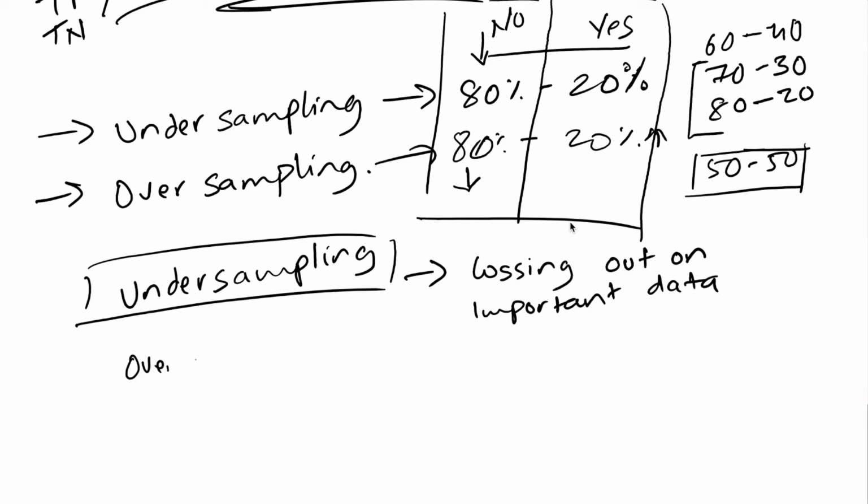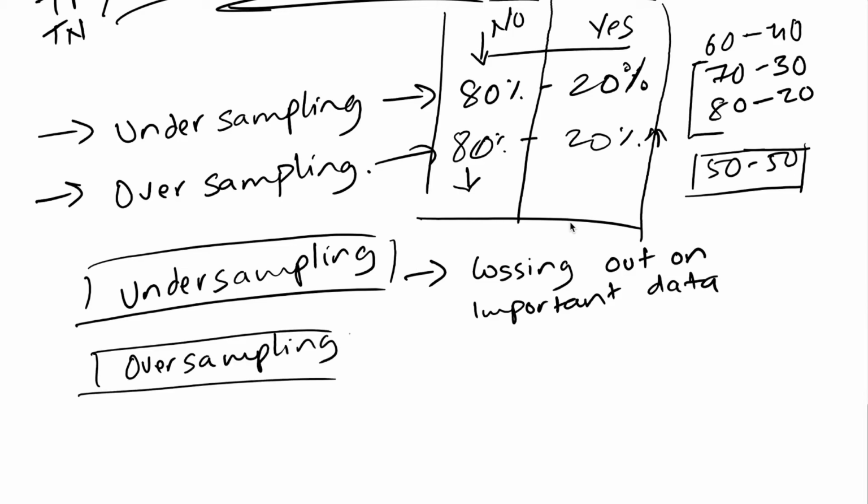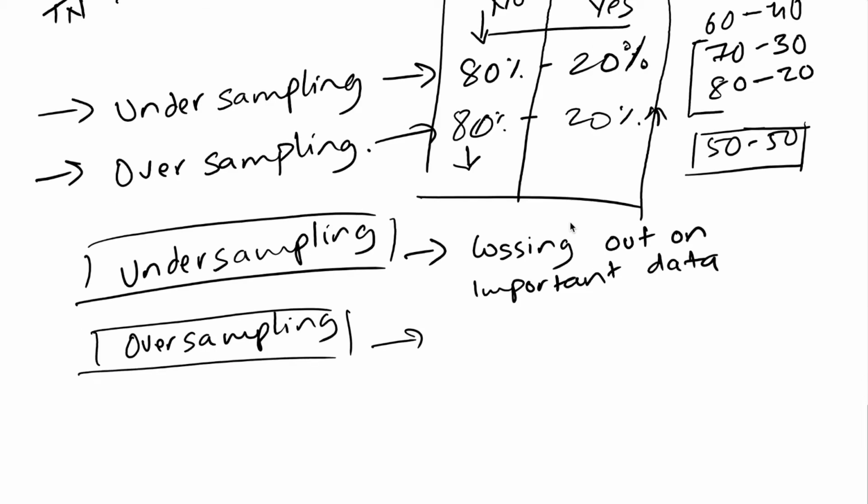When you're working with oversampling, if you want to oversample your data, what you're basically doing is bringing a lot of randomness. So with oversampling, as I said, you're increasing the number of yes and decreasing the number of no's at the same time. So with oversampling, what happens is that a lot of the time you're adding more data into your data set.